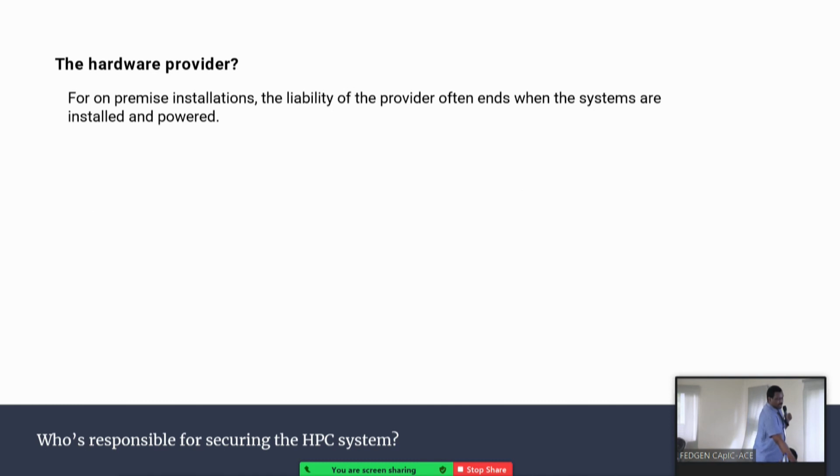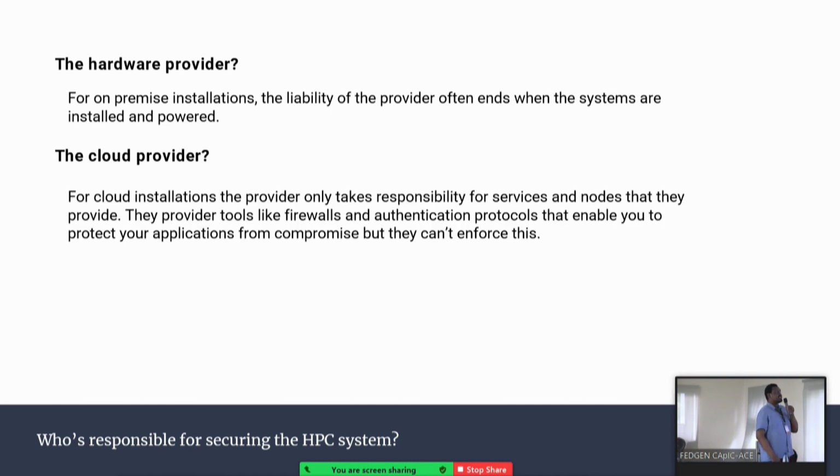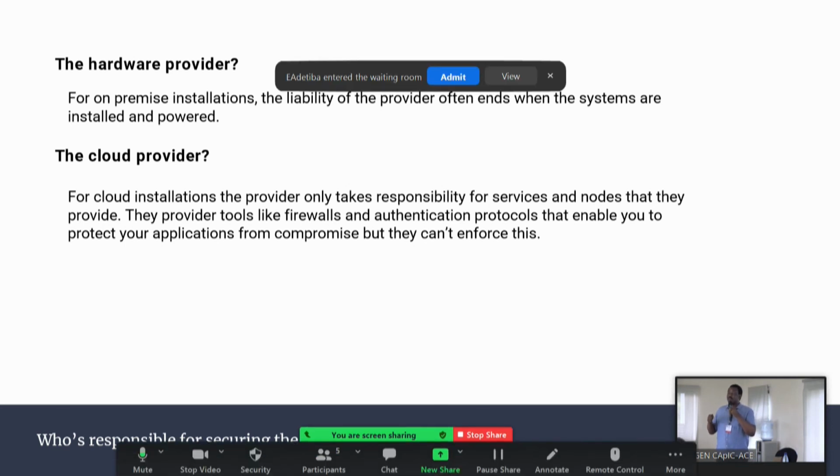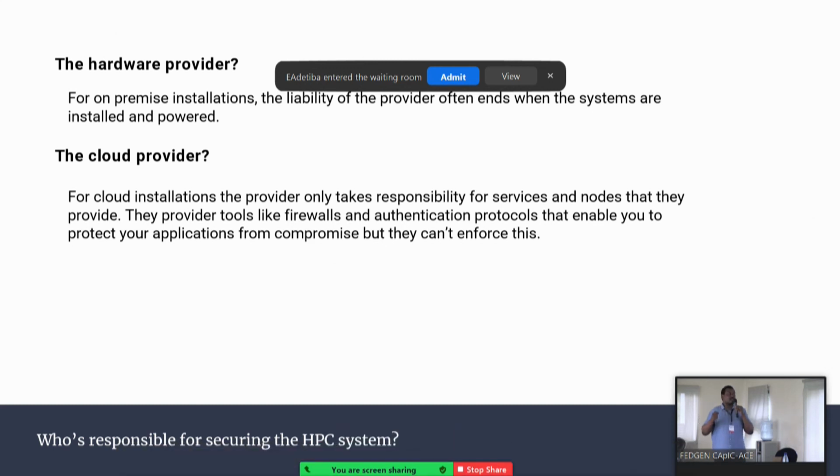Now, for cloud installations, those providers provide you tools because you can't be in the data center yourself. So they have to provide tools that ensure that only the people who should have access, who have the authorized identities, only those people have access to the system.